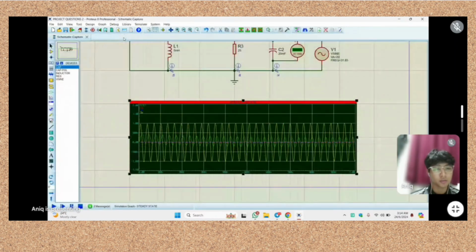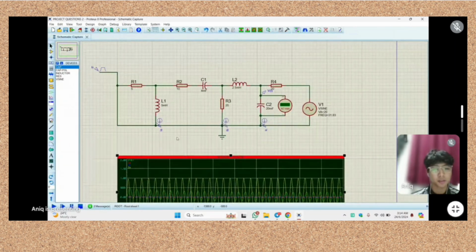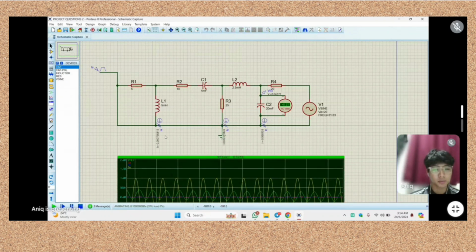If we run this circuit, we can get the answers for IA, IB, and IC. So let's go. It's normal for the values of IA, IB, IC, and VT not to stop, because we use the AC voltage.